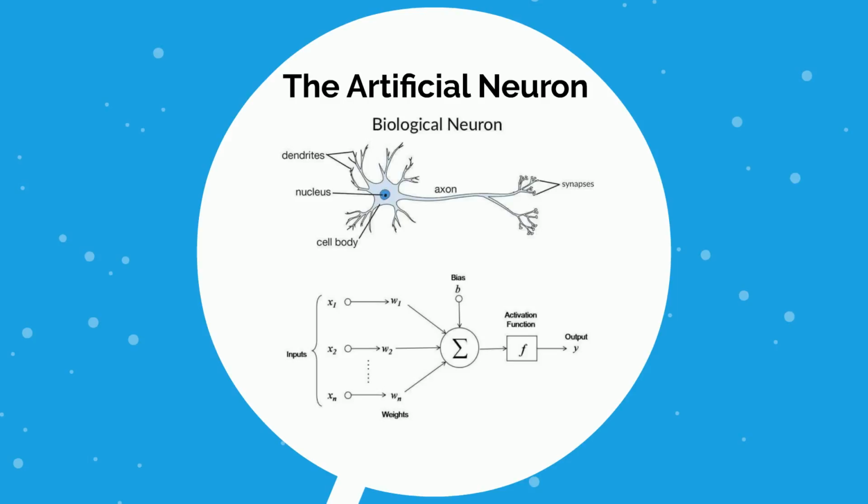Once we sum up the inputs times their weights, as well as our bias, we process them with an activation function, which essentially acts as a threshold, much like the threshold potential in the biological neuron. And if we meet that threshold, we will produce an output, which is passed down along the line. So that's the artificial neuron.